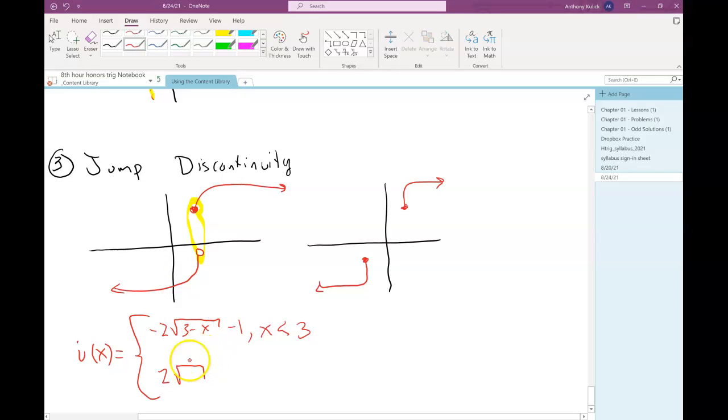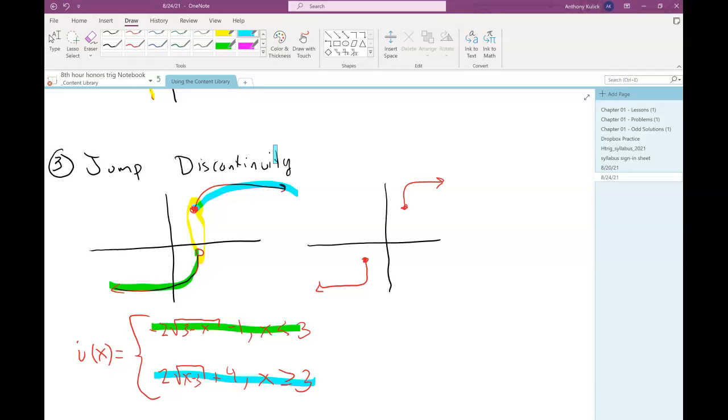And then this one would be x minus 3, and then like, I don't know, plus 4 or something, when x is greater than or equal to 3. So this piece is described here, and then this piece is described there. It's basically what you're doing with a piecewise function. It just tells you how to graph the different pieces, and you just treat them as one graph, even though there are different parts all on the same axis.